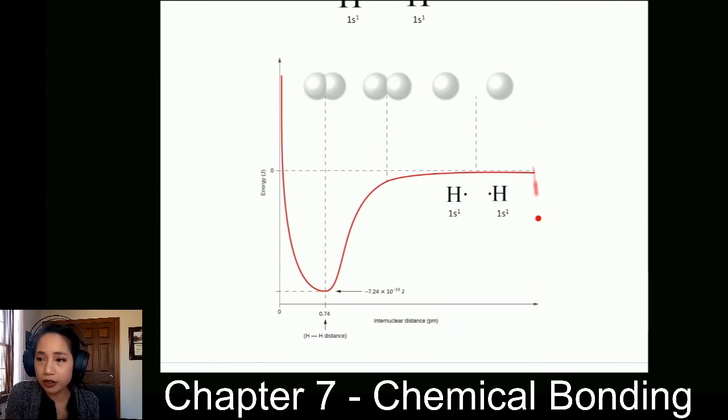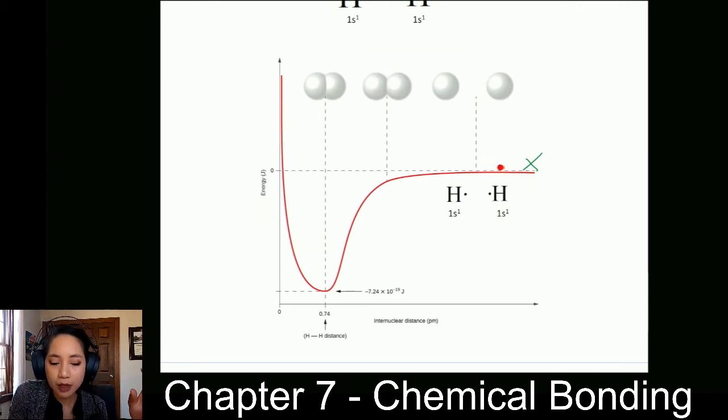What this graph is showing is the energy of the system, of the 2 hydrogen atom centers, when they're at different distances away from each other. So if we start here on the graph, our 2 hydrogen atoms are far away from one another, and it has a certain energy associated with it.